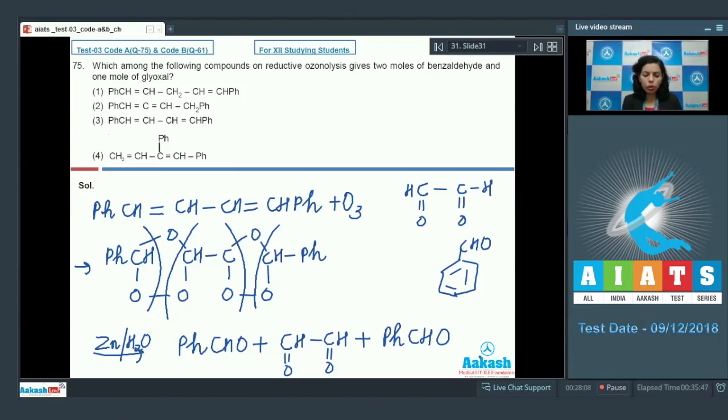So this is the process of reductive ozonolysis of the compound. Now, similarly, if you check the other options also, you will identify that the desired products are not formed. It means only option 3 is the correct option, and that is also the answer for our given question. And after this, let's check the next question.